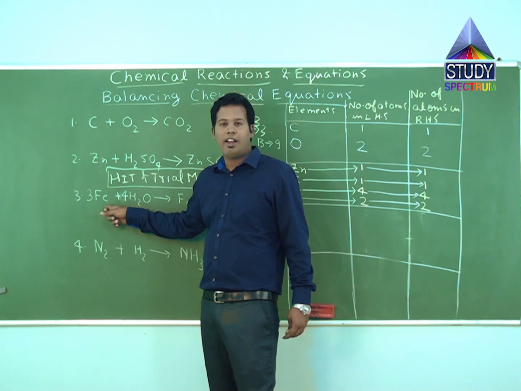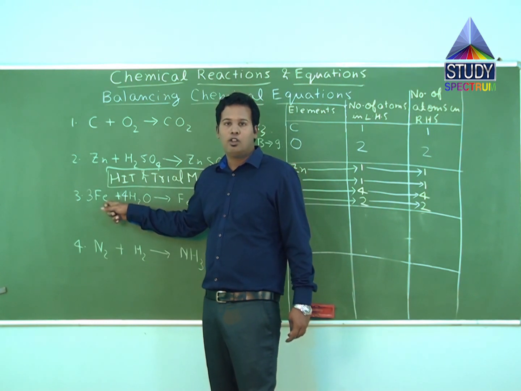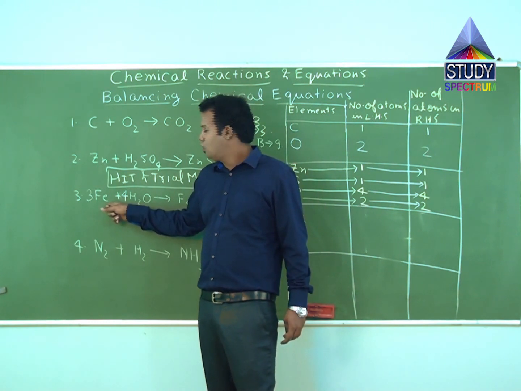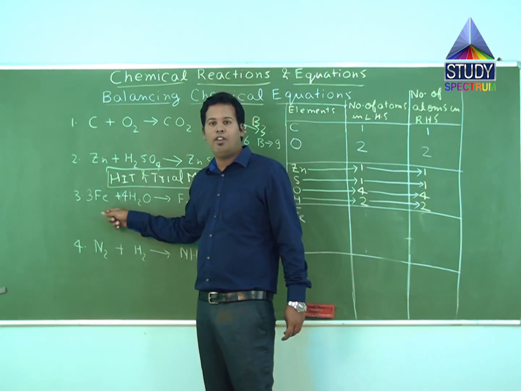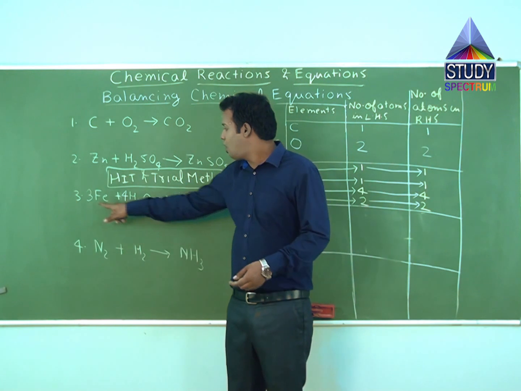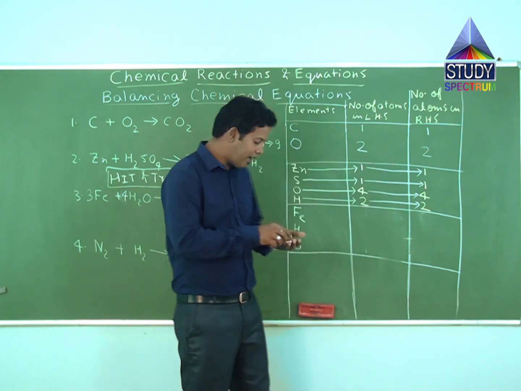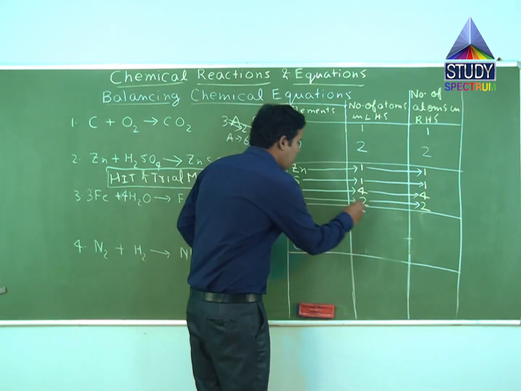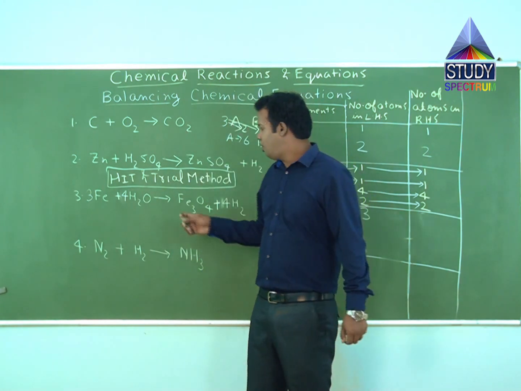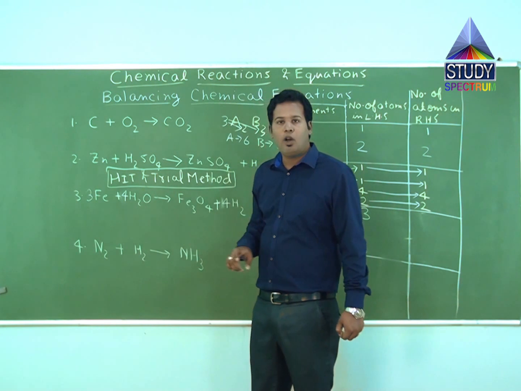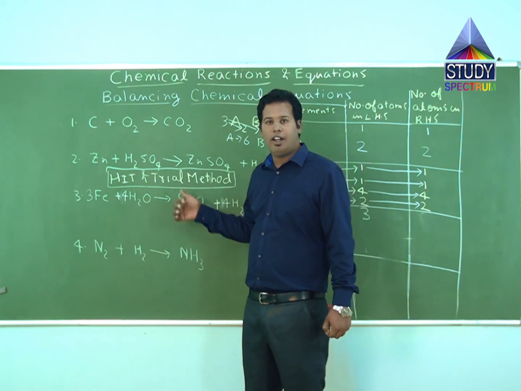The suffix of iron is 1, since nothing has been written. So coefficient into suffix will give the number of iron atoms, that is 3 into 1, which is 3. So the number of iron atoms in LHS is 3. Correct?